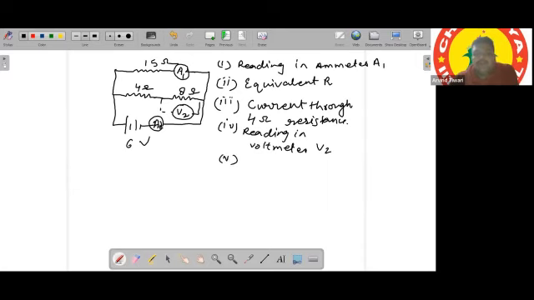Reading in ammeter A2. So everyone can see the ammeter A2.